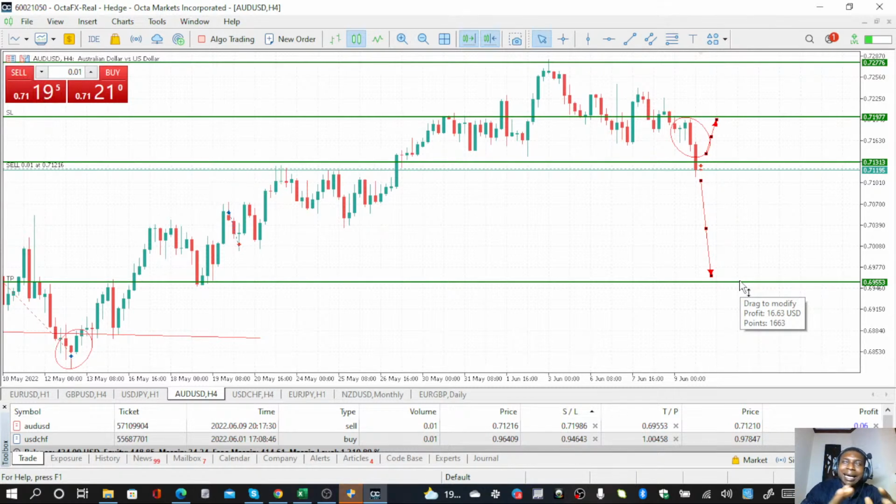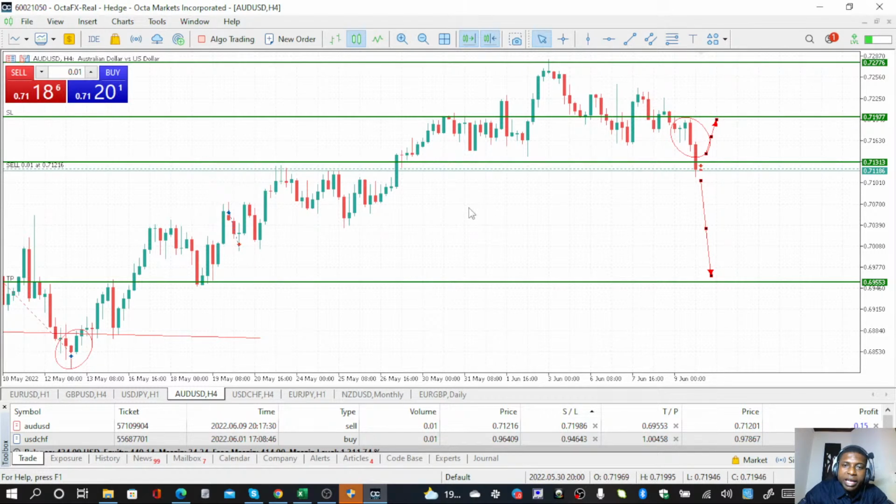That is an ideal risk to reward ratio, 2:1. You can have it 3:1, 2.5:1, or 10:1. However, you must manage your risk. It's very, very important.